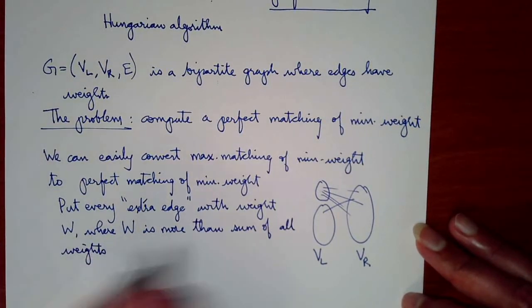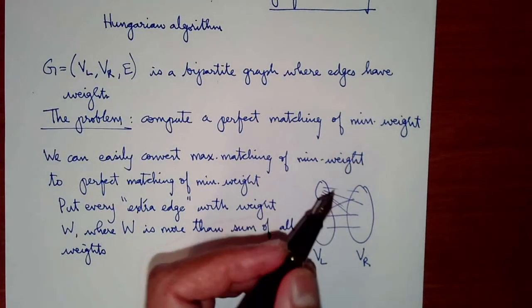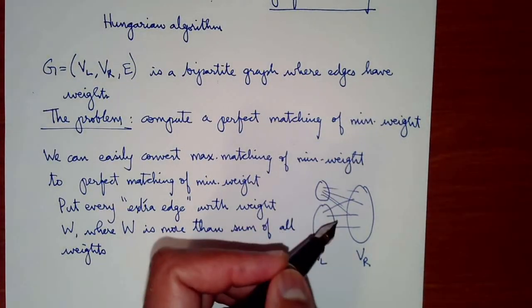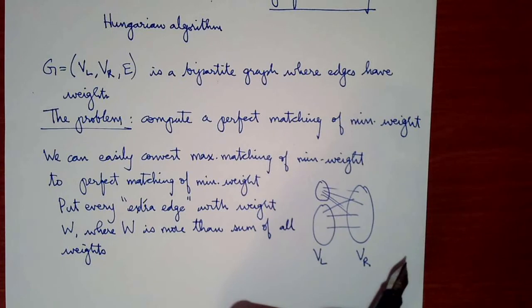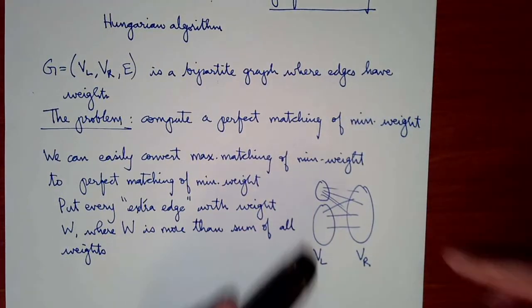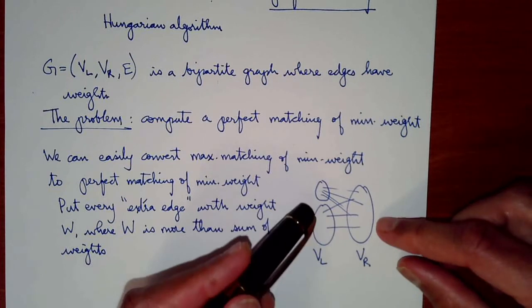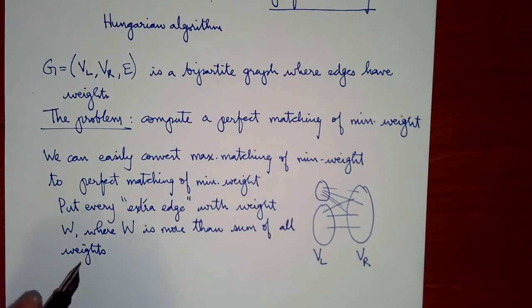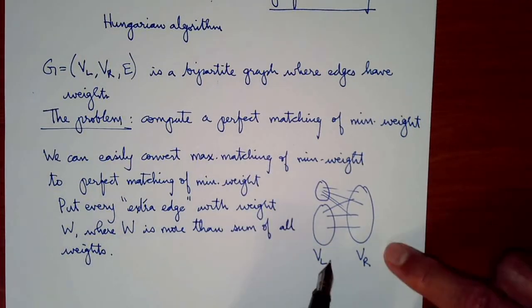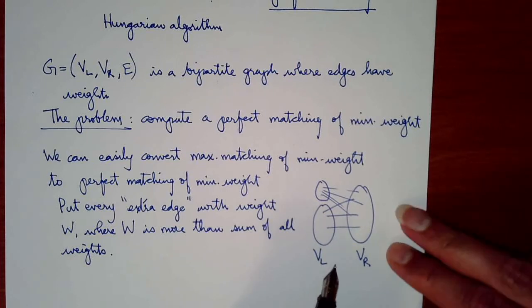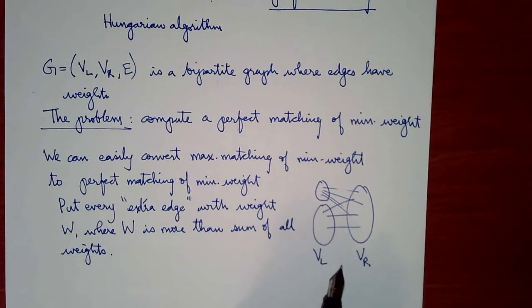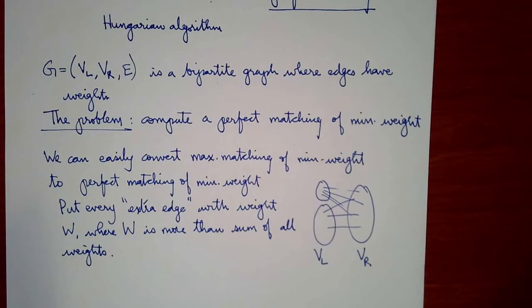So you can basically put all the other edges at essentially infinite cost or infinite weight. And so when you do this, you can argue that the minimum weight perfect matching in this graph will actually give you the minimum weight maximum matching. So it's a fairly straightforward reduction.